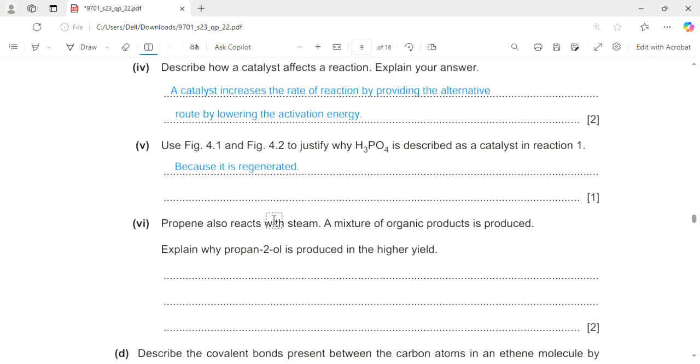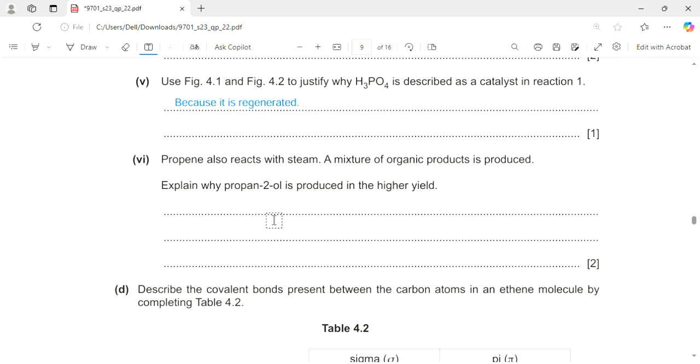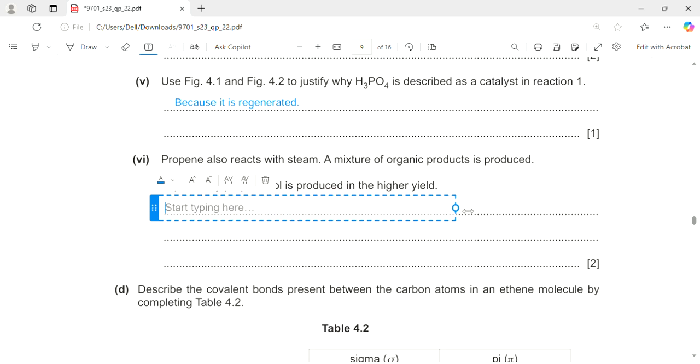Yes, propan-2-ol is produced via a more stable carbocation.